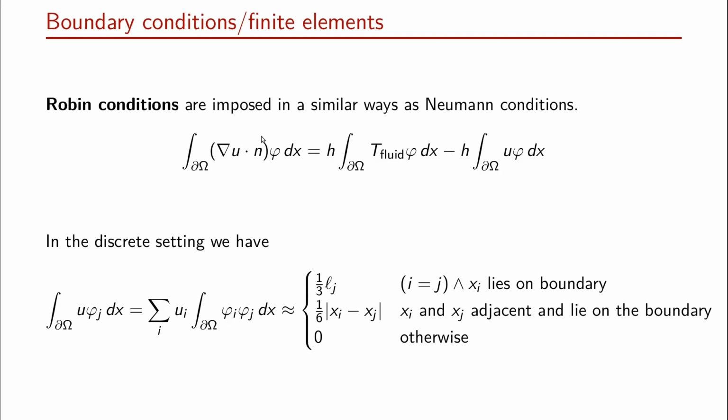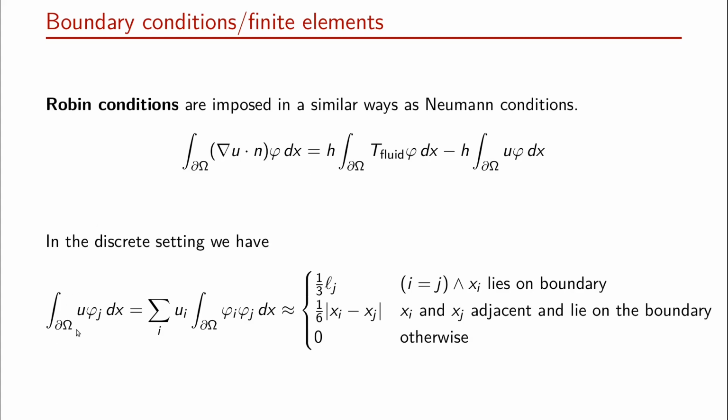We now replace the gradient of u by what is on the right hand side. So there's one part which is this constant part that we looked at before. This works exactly as on the slide before for Neumann boundary conditions, but now we have this additional term here which depends on the solution itself. Let us look at this term in a little bit more detail.